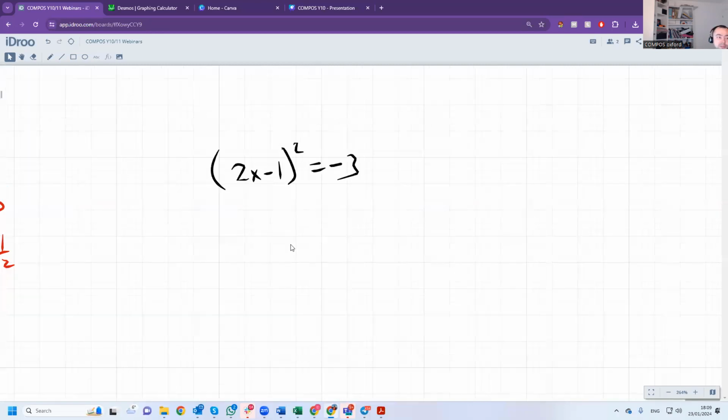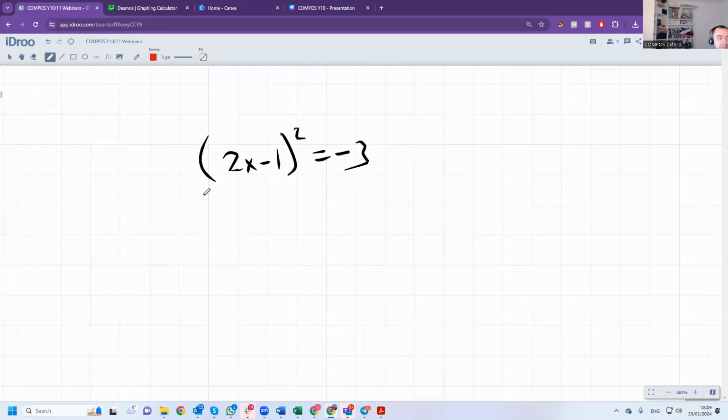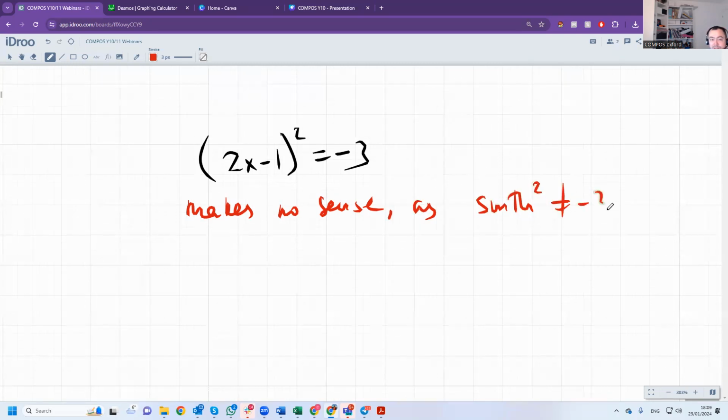It's not a solution technically, but it makes no sense because a square number cannot be minus 3. Something squared is not equal to minus 3, never.